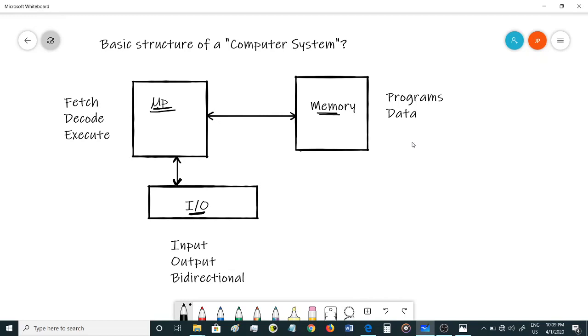This is the broad classification of your entire computer system. Now, what do you put inside your memory? The memory contains two things. The first one is your programs. The second one is the data. Everything that goes into your memory can be classified as either a program or data.